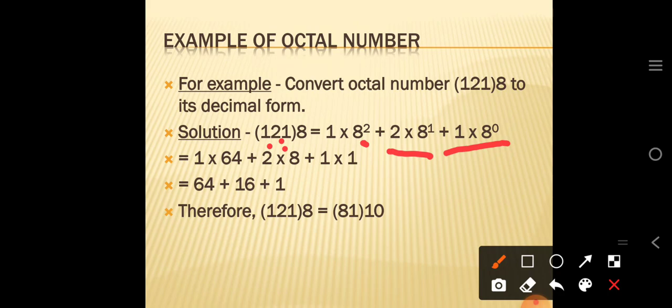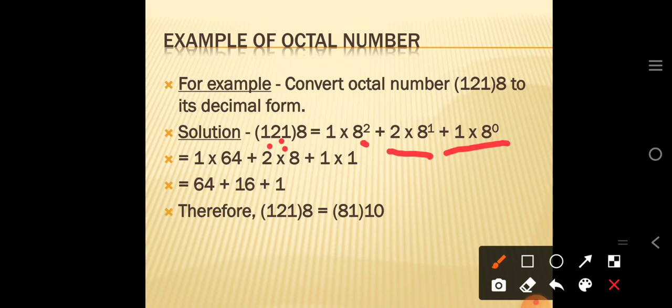Now again, we can represent the same as 1 into 64, since 8 squared is 64, plus 2 into 8, plus 1 into 1, because 8 raised to the power 0 is 1. Anything raised to the power 0 is 1.